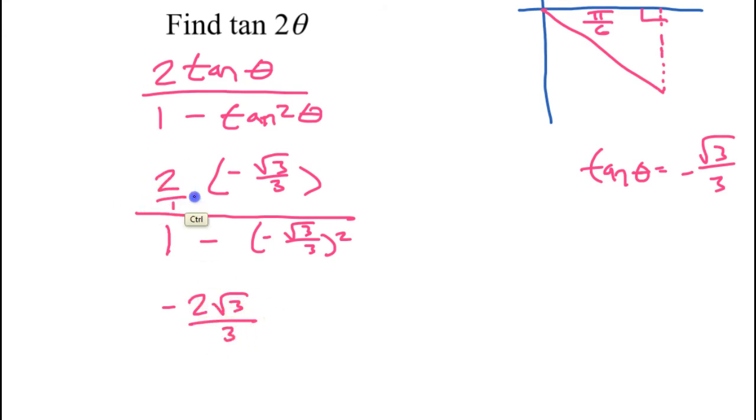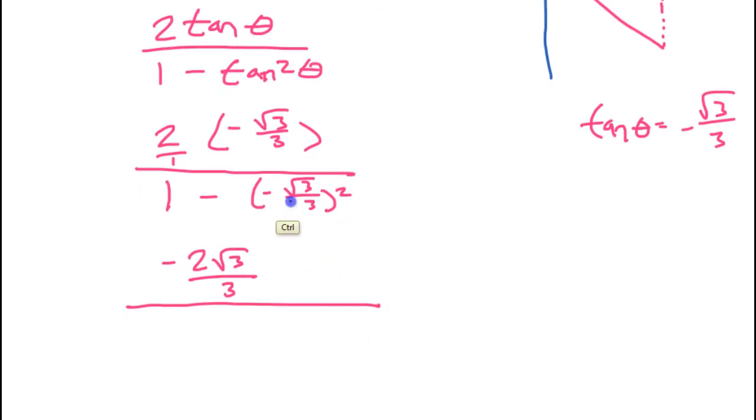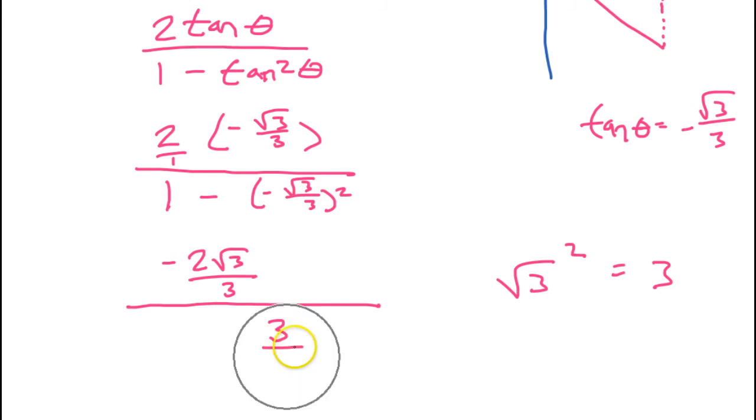This is like 2 over 1, and I'm just multiplying straight across. In the denominator, first let me deal with the squaring. If you square something, it's going to be positive, so that little negative sign goes away. Radical 3 squared is 3, and if I square 3, I get 9.